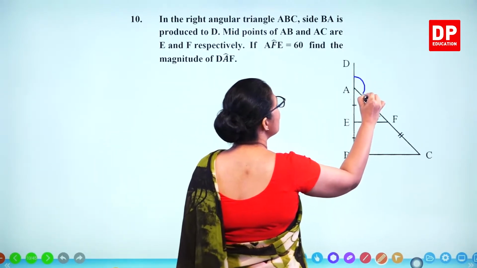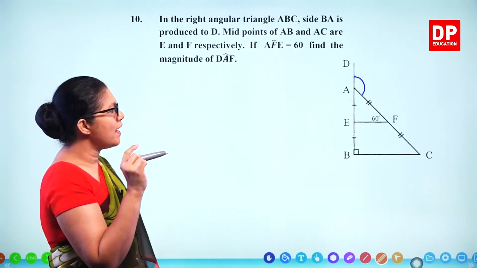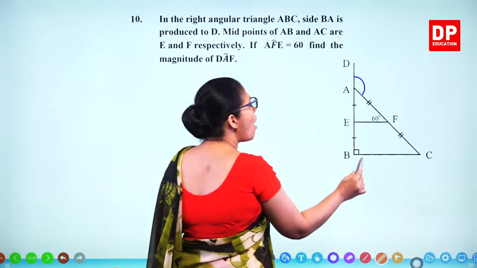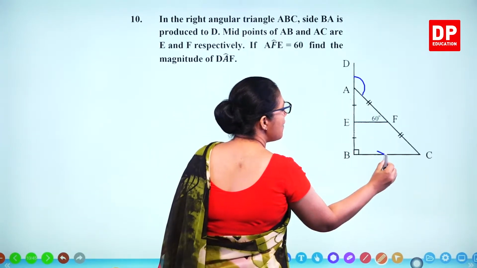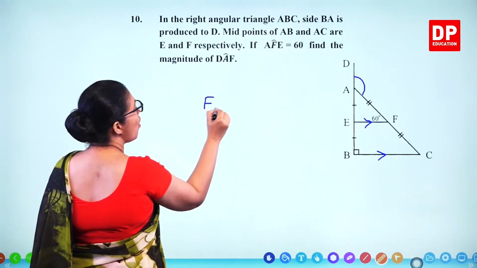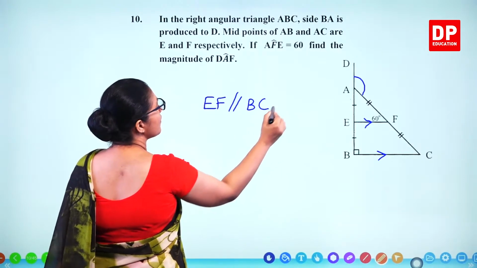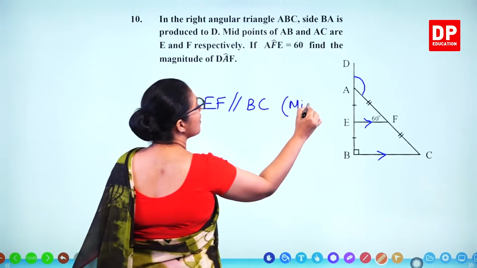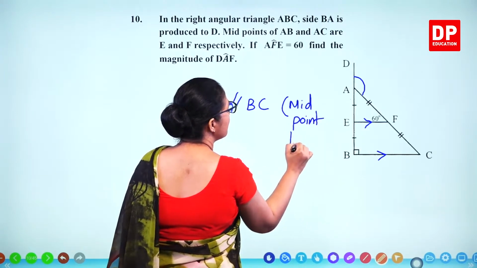DAF means we need to find this angle. What can you say about that angle? According to the midpoint theorem, this is a midpoint, this is a midpoint. These two lines are parallel. That's according to the midpoint theorem.